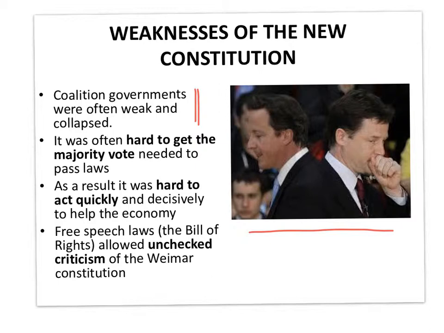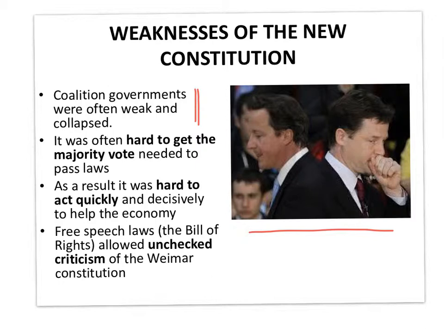Simple as that. Unless the Prime Minister can persuade the other party to vote with him in Parliament, the laws cannot be passed. And if that happens, basically government has collapsed. And in that circumstance, in Germany, the President of the Republic would have to step in and, what we say, dissolve the Parliament, close it down for a few weeks, and call new elections, and the people of the country will have to go to the polls and vote again.